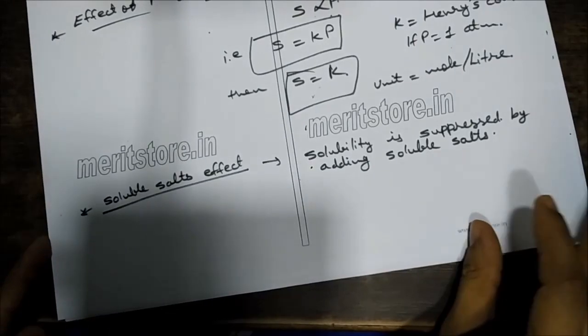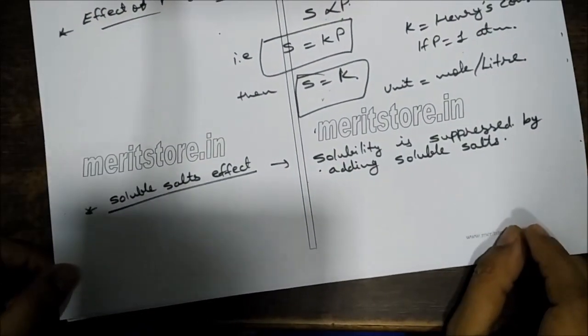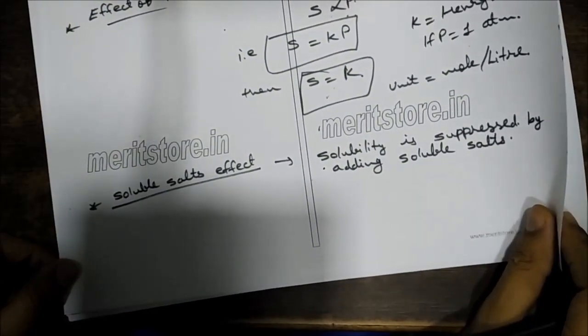So these were the effects of different pressure, temperature, and salts. Now, our next topic is colligative properties.